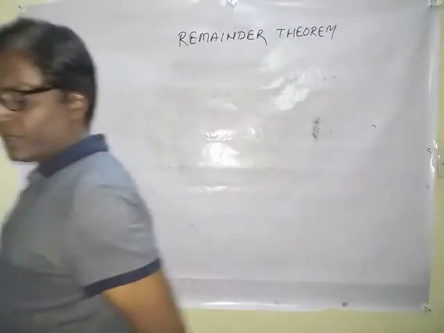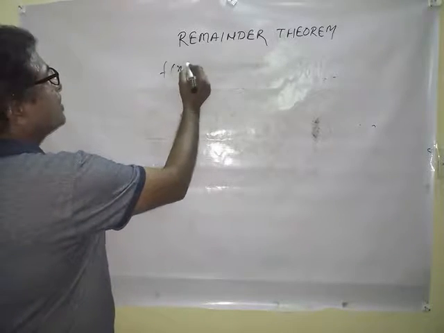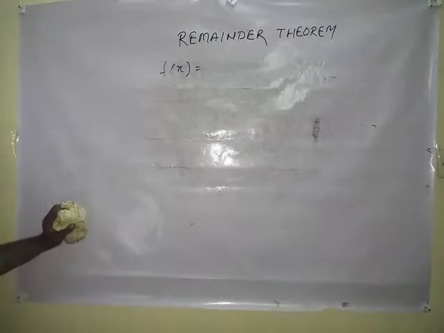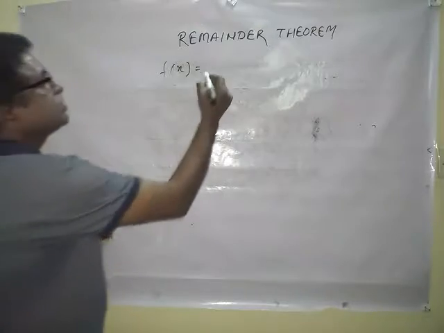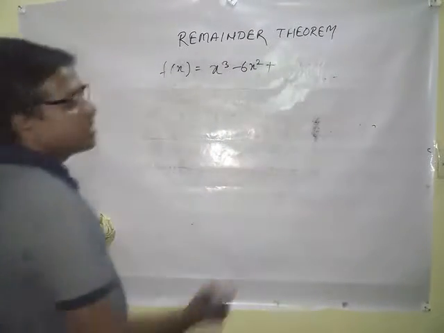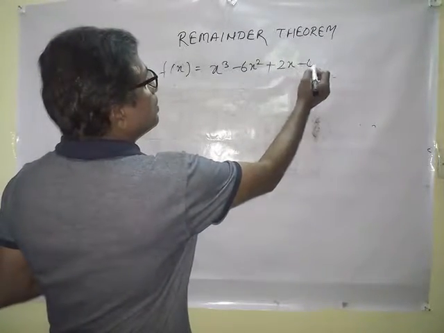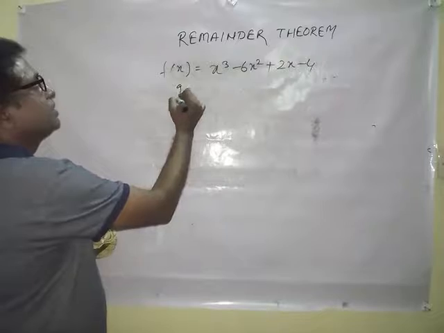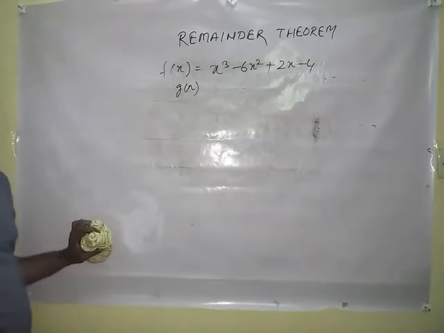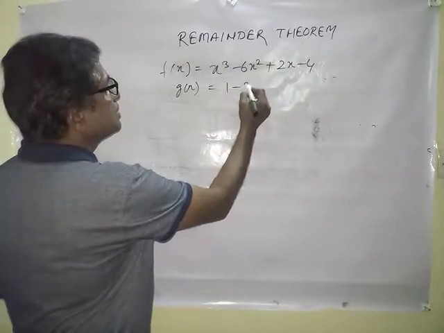Let us quickly take another example, with a little bit of a twist. Say f(x) = x³ − 6x² + 2x − 4 divided by g(x), which is 1 − 3x.